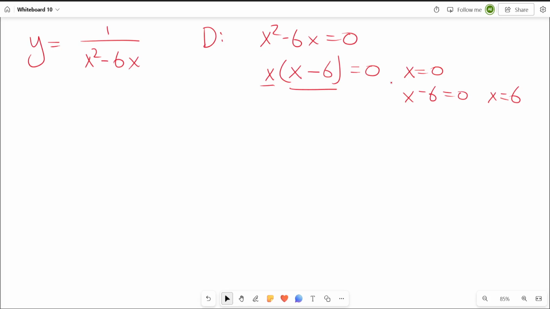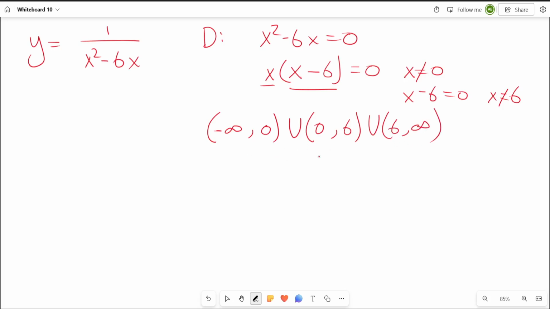So my domain is everything except 0 and 6. To write that in interval notation, x is everything from negative infinity up to 0, and then from 0 up to 6, and then from 6 up to infinity. So this is my answer for my domain.